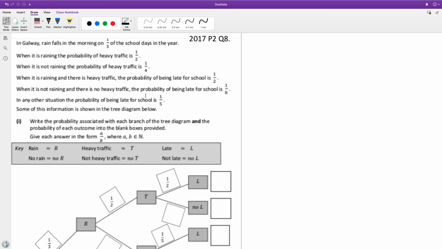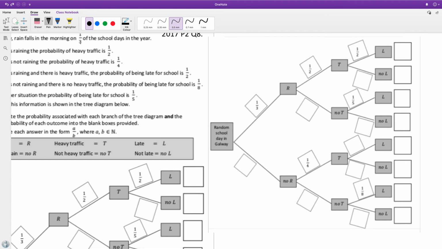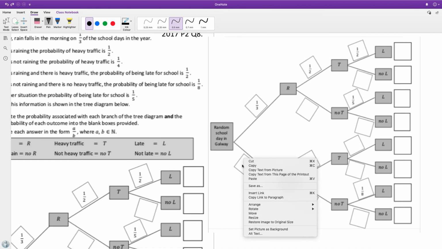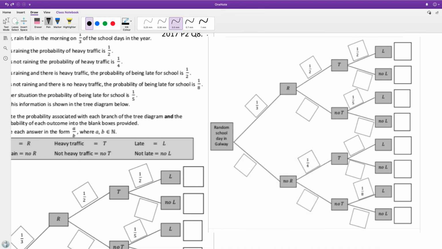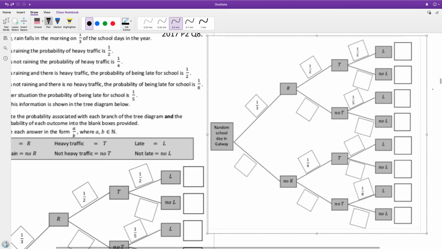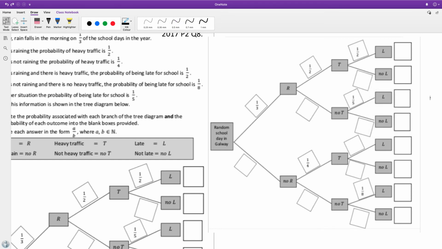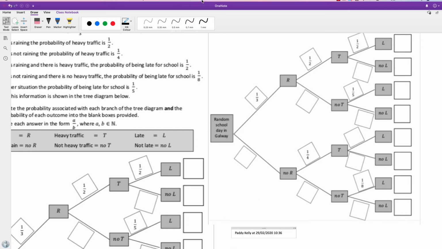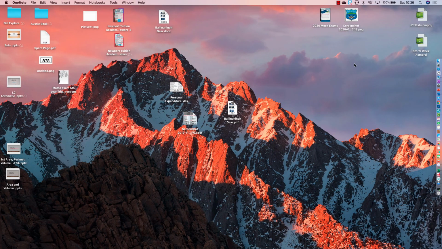Probability of no rain is... Stop doing that. 2 seconds, sorry.